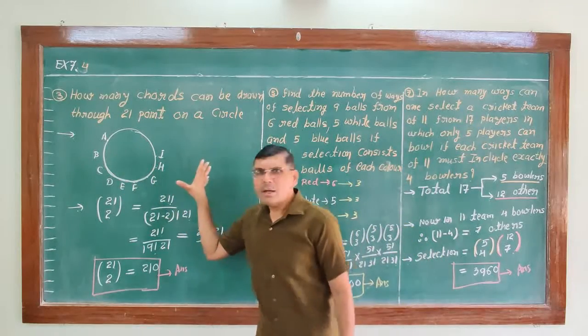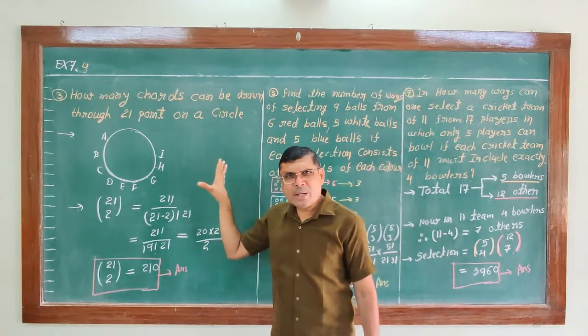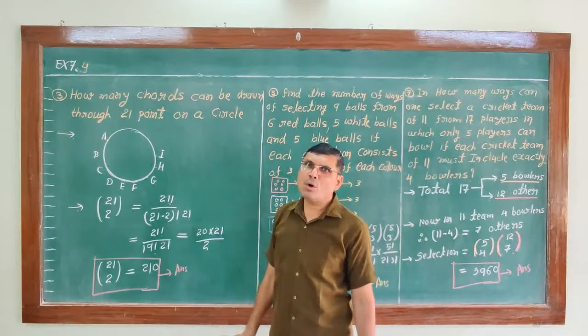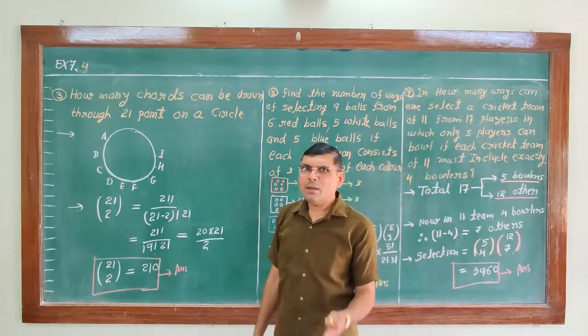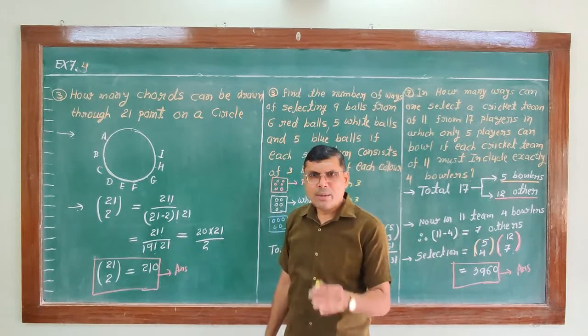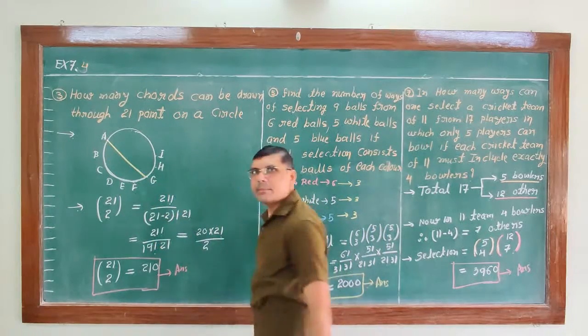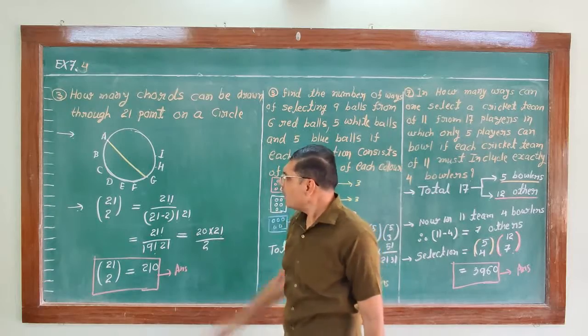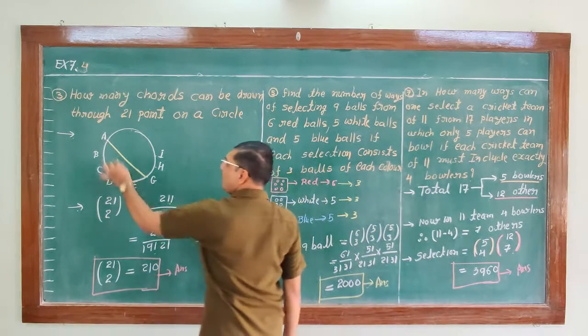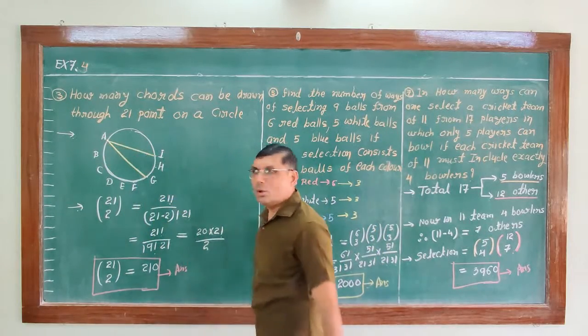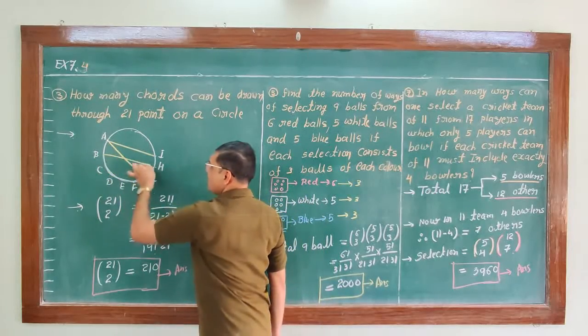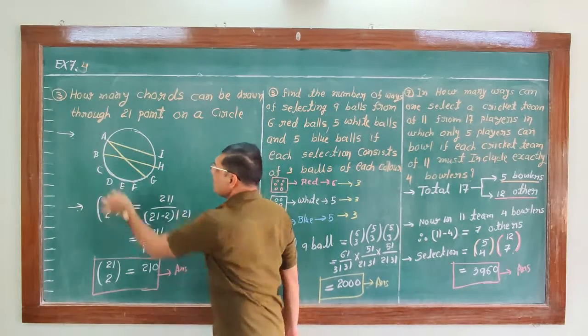So here, using these 21 points, I want to form a chord. Now, you know that if you want to form a chord, then you require two endpoints. Alright, either AG, you may take AI, you may take BH, you may take CI.